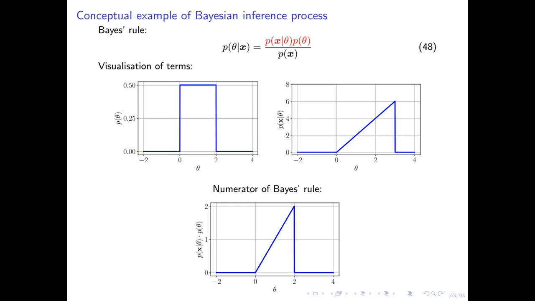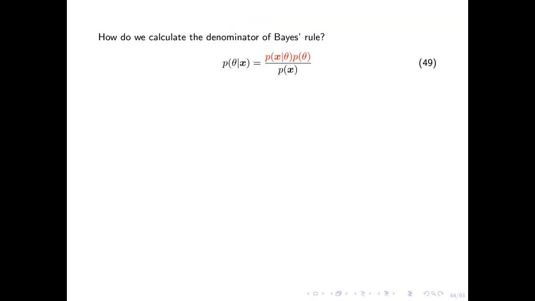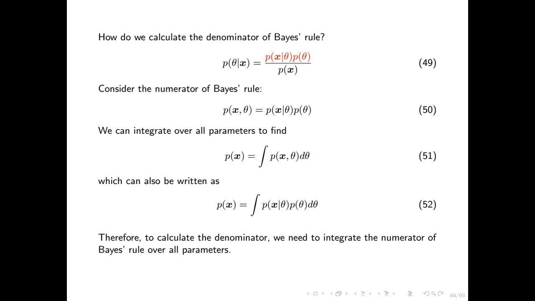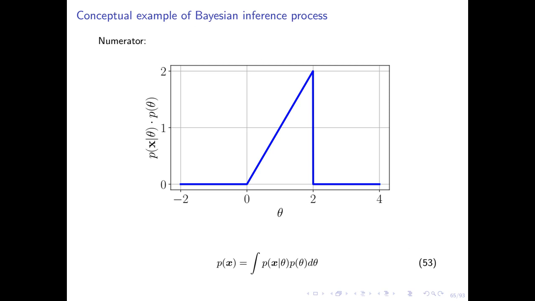So this part here is 0. This is now the numerator of Bayes' rule, the prior times the likelihood. Now we need to calculate the denominator of Bayes' rule. The denominator can be calculated using the joint distribution, which is just the numerator of Bayes' rule.